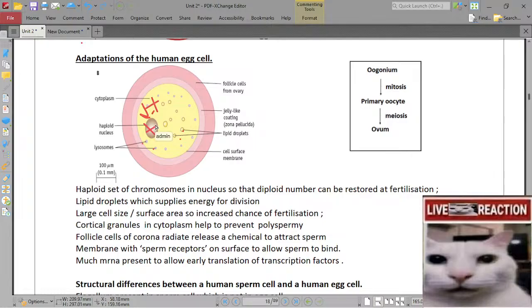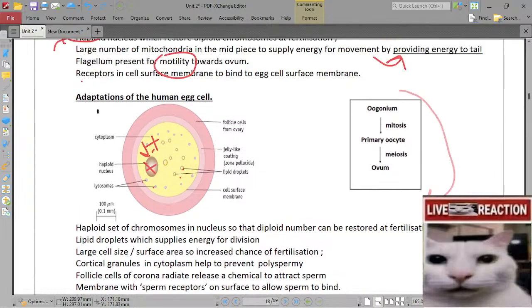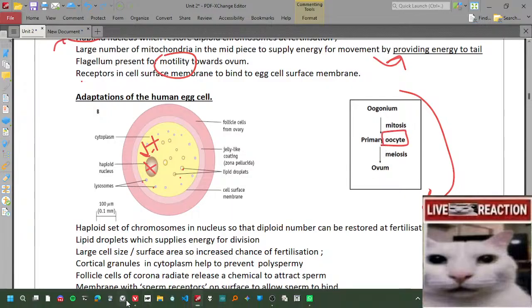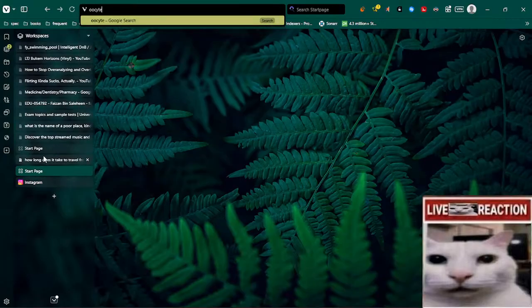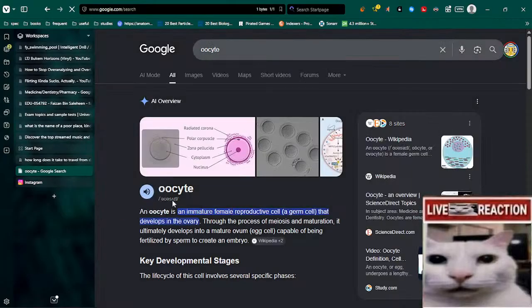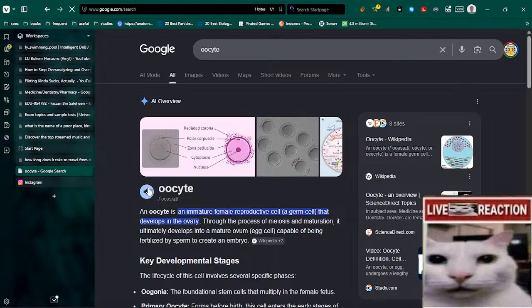Also, the process by which this is made. Remember, we call this an, how do I pronounce that? Oocyte.